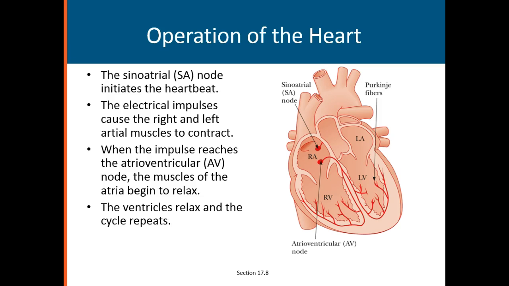Yeah. Pulls in blood from the lungs. I think that's the sinoatrial node. Okay, the electrical impulses cause the right and left atrial muscles. I think they got that misspelled on the slide. Yeah, it's supposed to be atrial muscle. Okay, to contract.